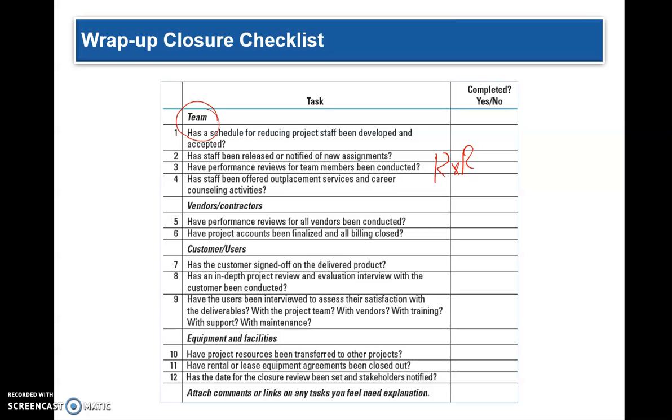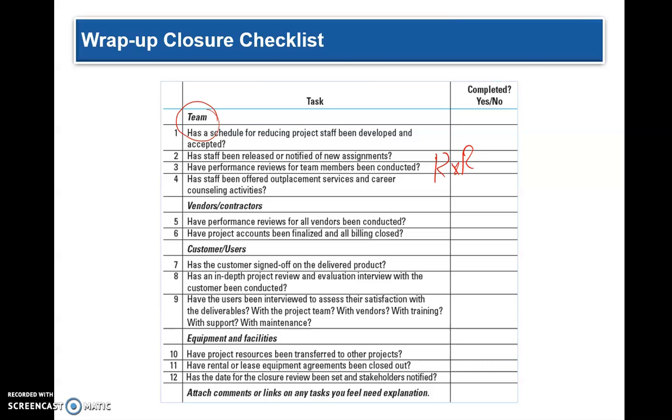The vendors, make sure that the money is all given, the accounts are all closed, and everything is disbursed to them. Customers wise, everything is signed off, and the project results are given to them, and you are doing a survey of the customers to make sure whether they liked or disliked the project, what parts of it they liked, what parts of it they disliked, who did they like, who did they dislike, all those kinds of things.